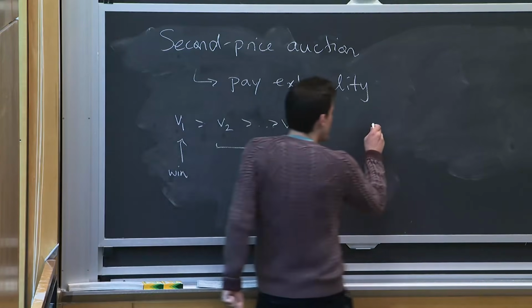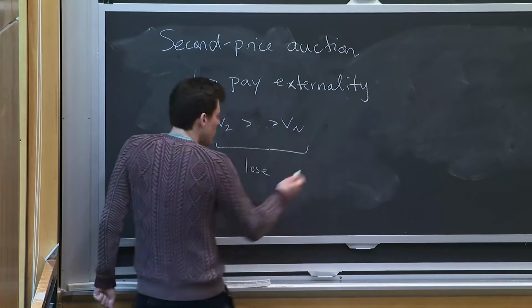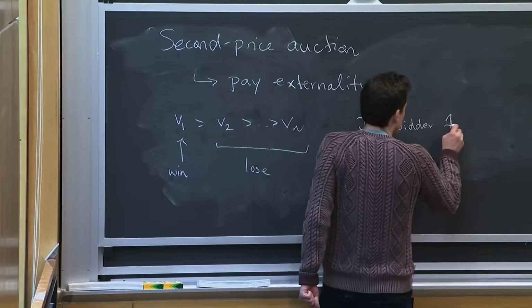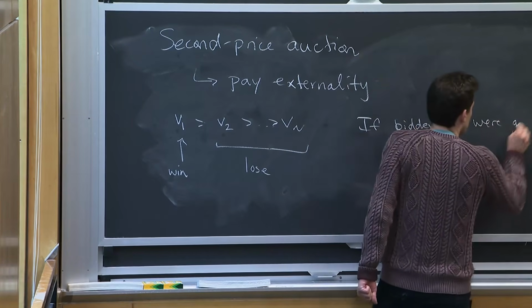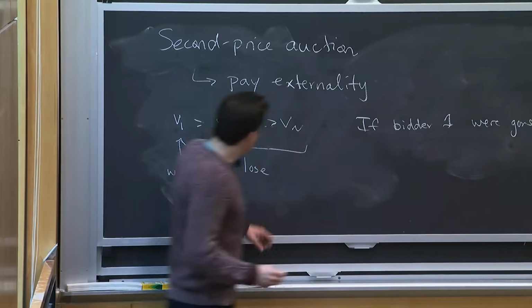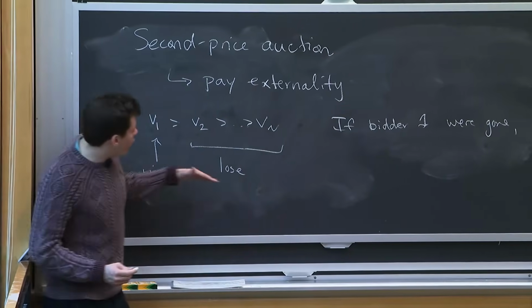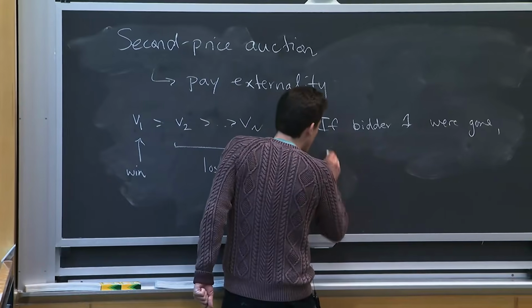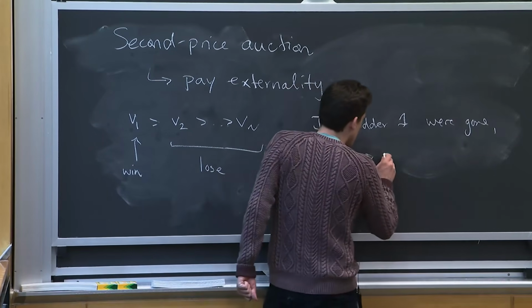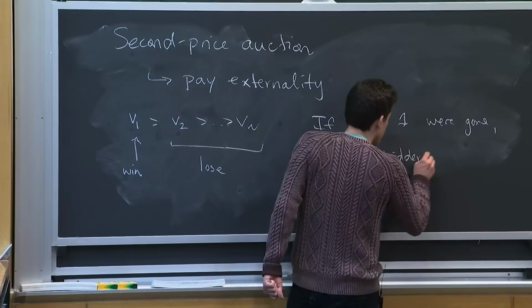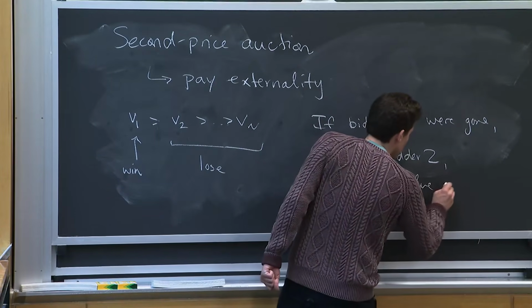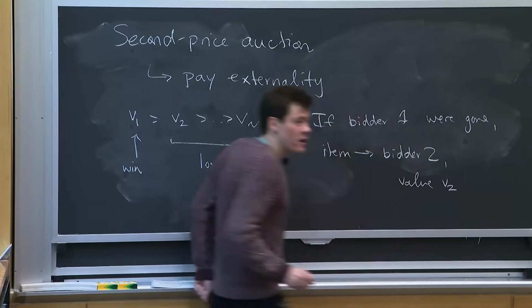So we can say, if bidder 1 were gone, then the total value that all the other bidders would get would be V2. If bidder 1 were gone, the item would go to bidder 2, and the value would be V2.